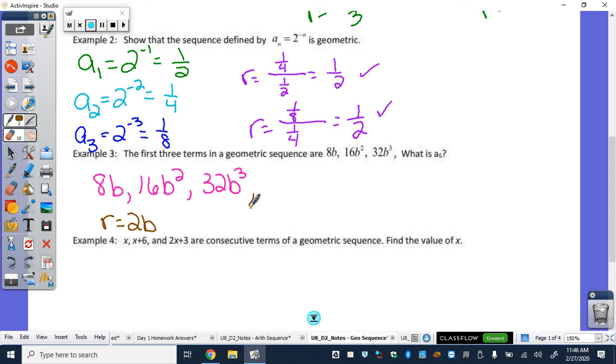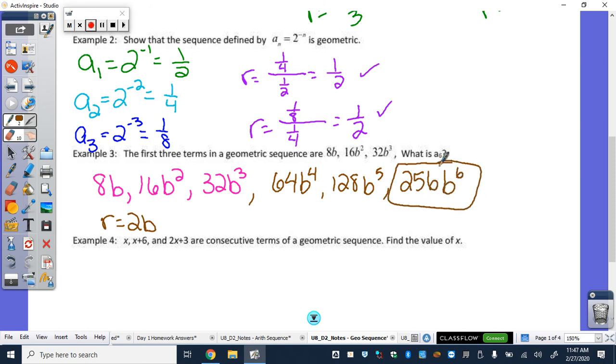So 32b to the third times 2b. 64b to the fourth times 2b. And times 2b. There's our sixth term, 256 times b to the sixth.